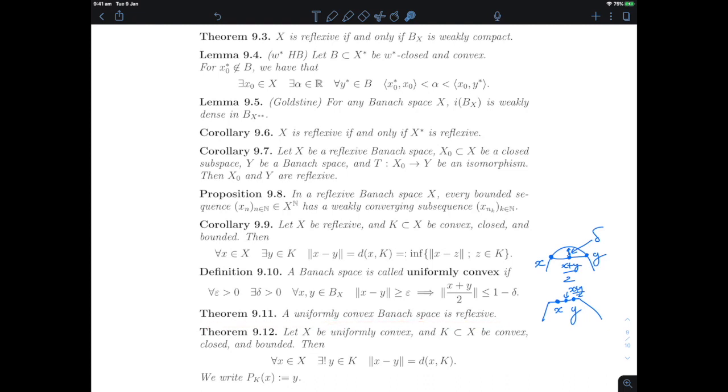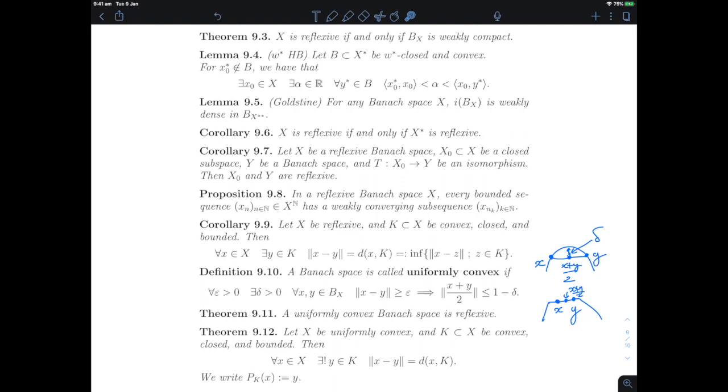So the class of uniformly convex Banach spaces is a subclass of the reflexive spaces. And this is exactly the refinement we need to guarantee uniqueness of the projection onto a convex, closed and bounded set. We'll do that in theorem 9.12. Now, this is the starting point of an entire theory where we could describe more geometric properties of norms and understand what they tell us about a Banach space.